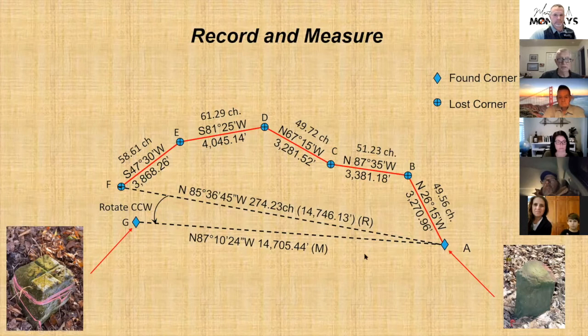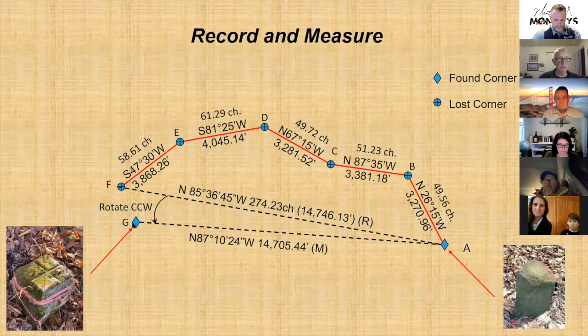And now you'll notice how I'm calling this out. I have north 85°36'45" west, 274.23 chains, which is 14,746.13 feet, false precision, okay? And that is the record information. That's what the record information told me.